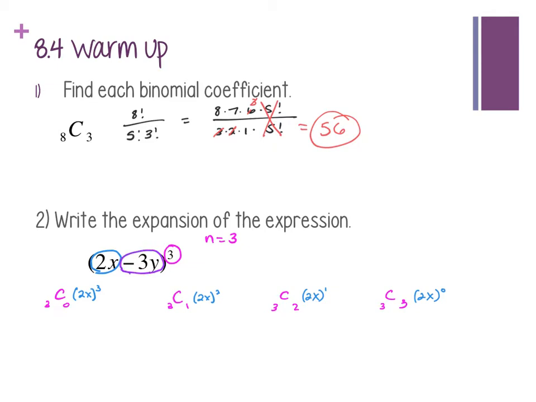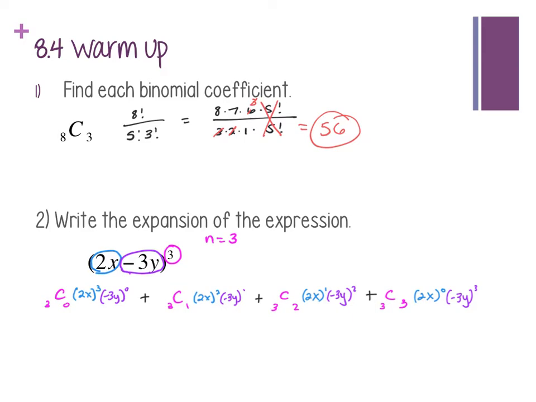I have to keep it with it. This one, we start at 0 and work our way up. So this would be negative 3y to the 0, negative 3y to the first, negative 3y to the second, and negative 3y to the third. And right now they're all sums, so it's all plus in between. But the negative on that 3 is going to change some of those.